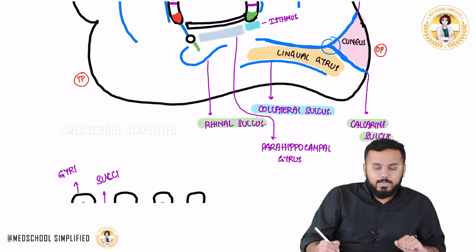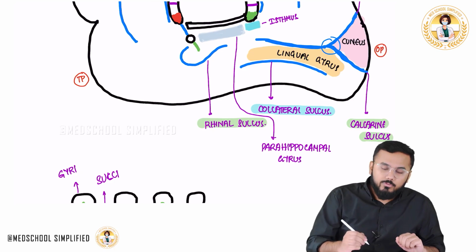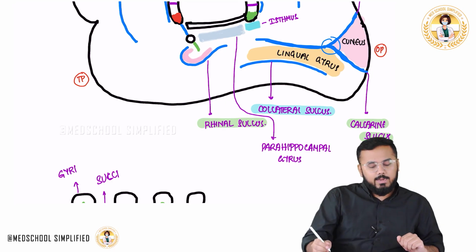Next, you can see a rhinal sulcus. Within that loop of the rhinal sulcus, there is a gyrus in the form of a hook. Where is this gyrus present? It is present in the loop of the rhinal sulcus.